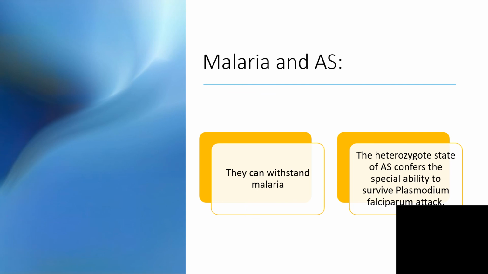Plasmodium falciparum is the most deadly cause of malaria deaths. AS people could withstand that to a very large degree. That's good news, right? Of course, for AS people, the carriers, they could withstand that in some parts of the world with malaria endemicity.